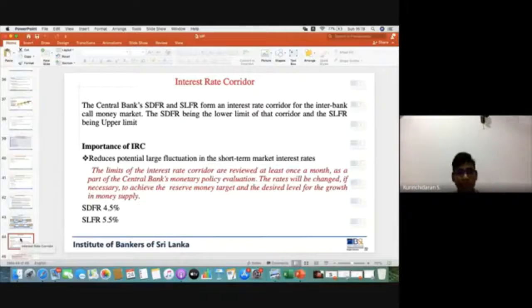Currently, after COVID-19, rates have been reduced drastically, so banks can borrow money from the central bank and lend it at a lower rate. Now SLFR is 5.5% and SDFR is 4.5%, right? Okay.